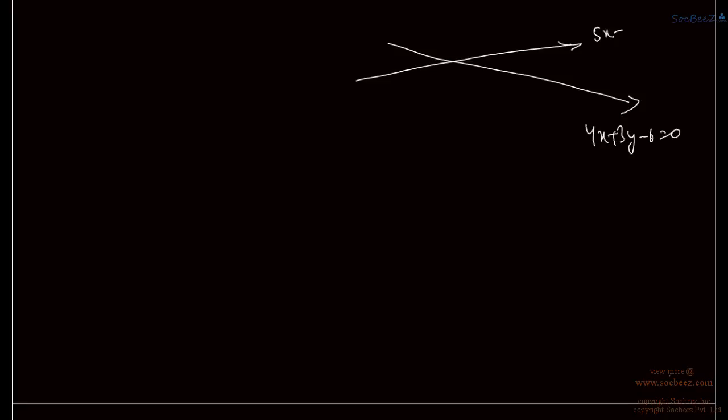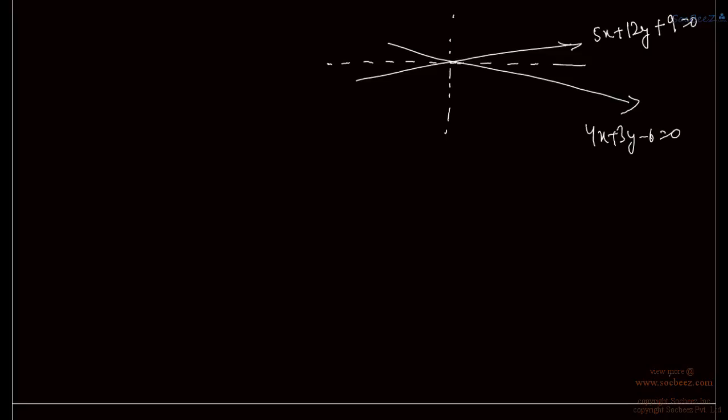So we have two lines. Say this line is 4x + 3y - 6 = 0, and this line is 5x + 12y + 9 = 0, and this is the obtuse angle bisector and this is the acute angle bisector.